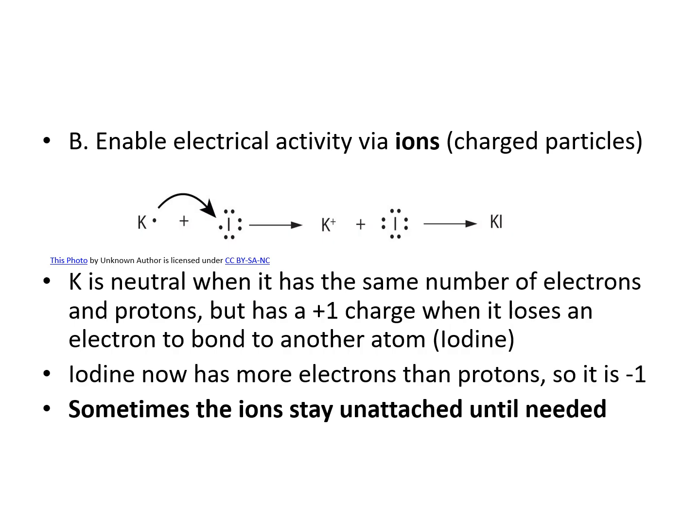Another important function of atoms in the body is that they enable electrical activity via ions. So take an ionically bonded compound like potassium iodide, which has one potassium ion with one valence electron attached to one iodine atom that needs one electron to have its outer shell filled.